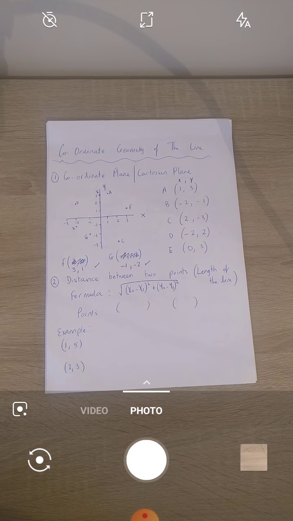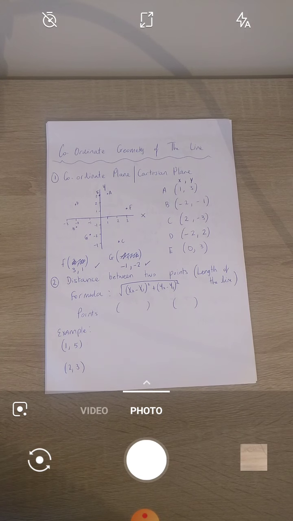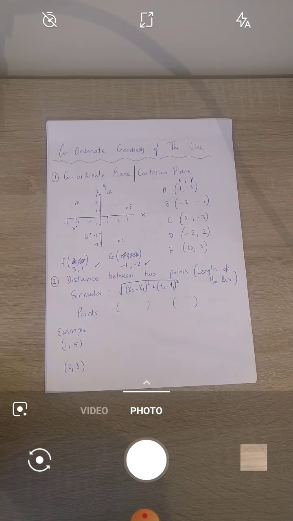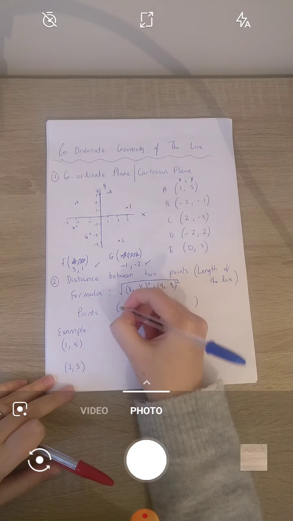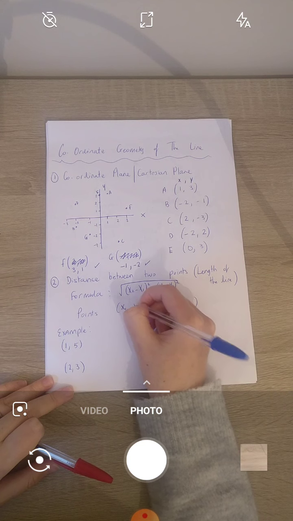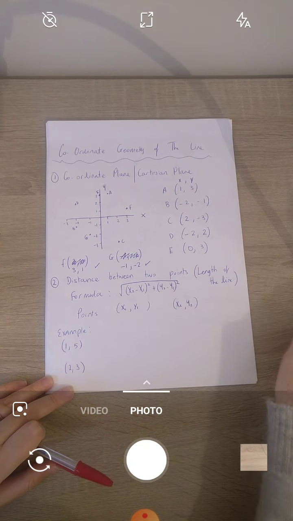You're going to be given your points. They'll say find the distance between these 2 points, or find the length of the line that contains these 2 points. Each of your points is going to be x1, y1, x2, y2.